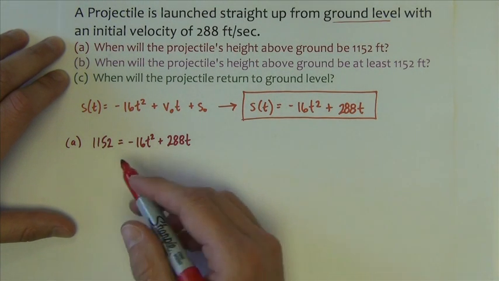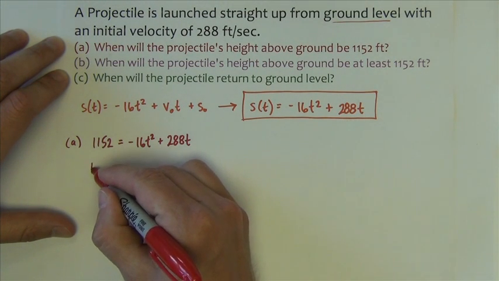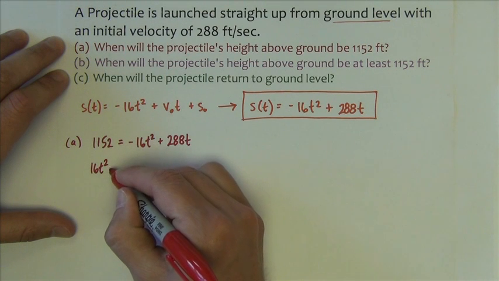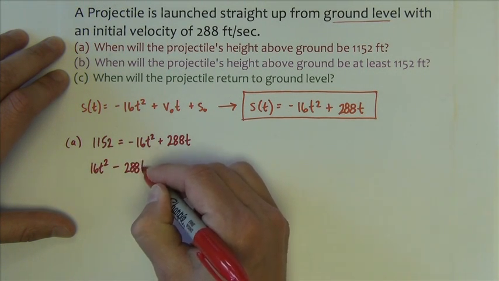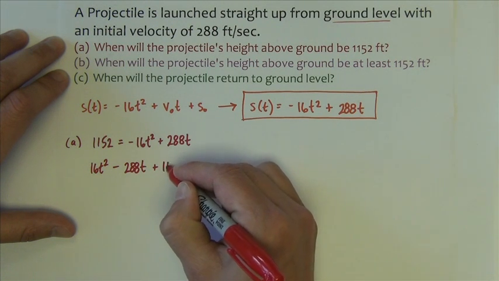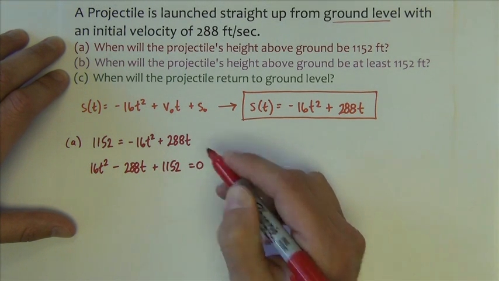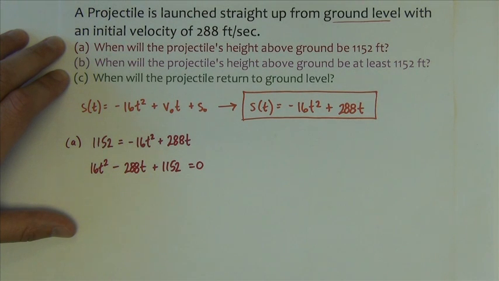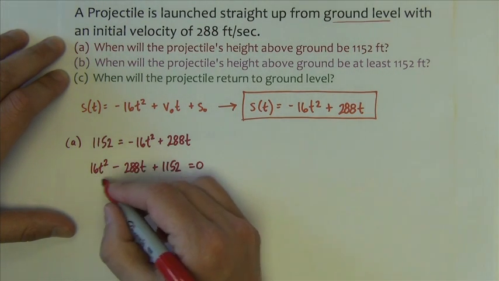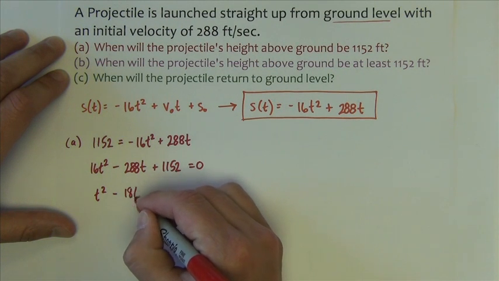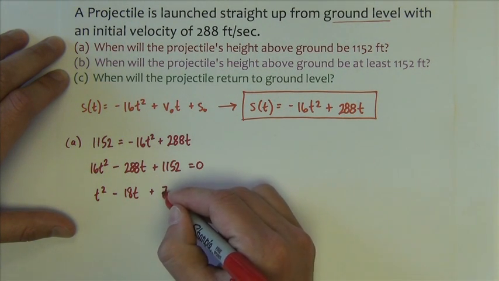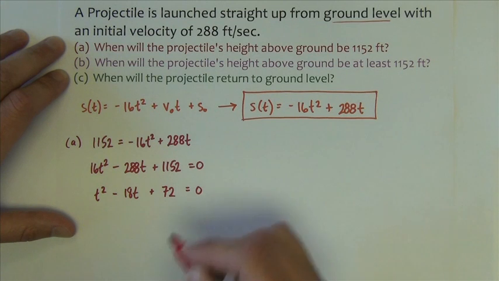I'm going to move everything over to the left-hand side. So the negative 16t squared becomes positive 16t squared. That 288 becomes negative 288t plus 1,152 equals 0. Let's see if I can reduce the numbers. I can divide everything by 16, so this becomes t squared minus 18t plus 72 equals 0.